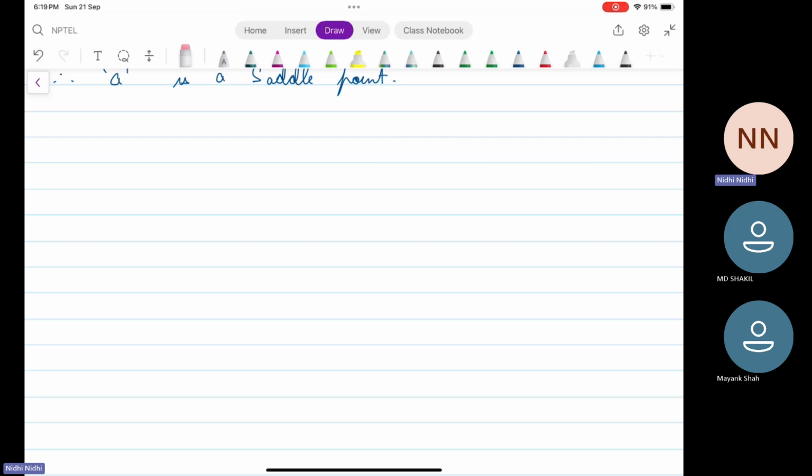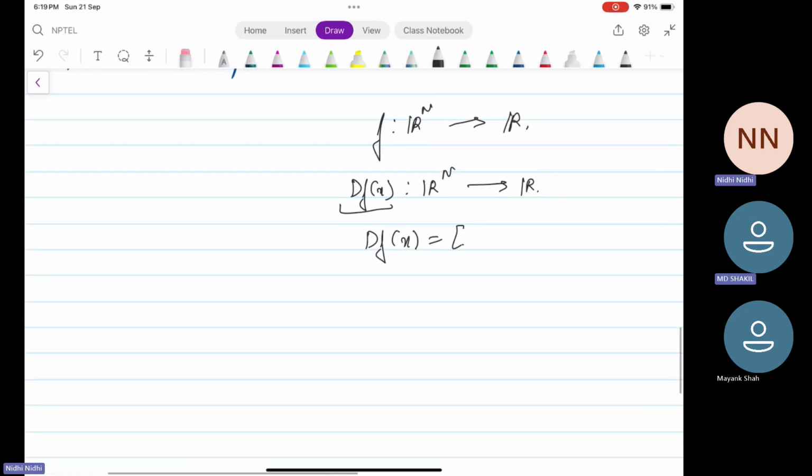And for the finite dimensional case, if our function f is something from Rn to R, in that case, if all the partial derivatives are zero, then df(x) will be a linear map from Rn to R, and this linear map is nothing but a 1 cross n matrix, and the components are just the partial derivatives.